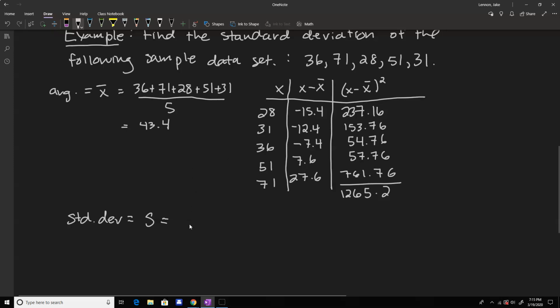So we take 1265.2, divide by 5 minus 1, which is 4, and then take the square root of that. That value comes out to about 17.78. And that is how we find the standard deviation by hand.